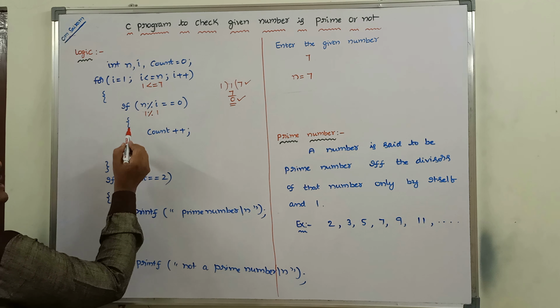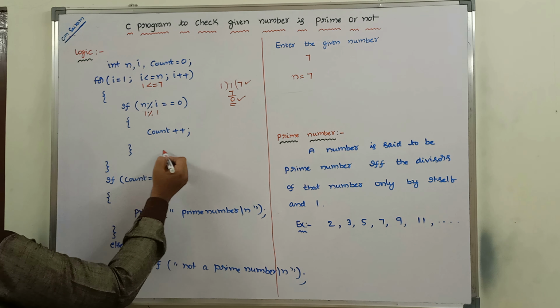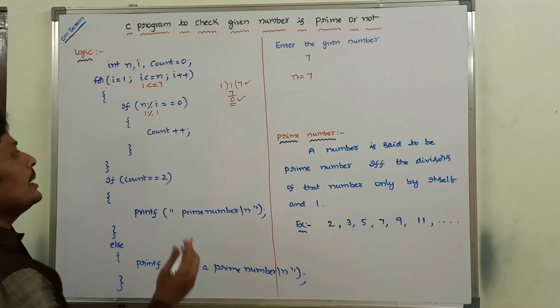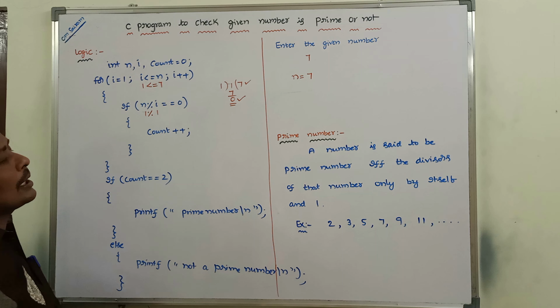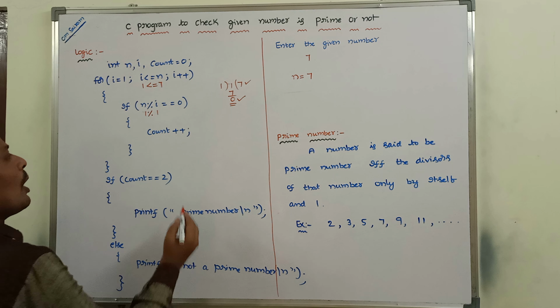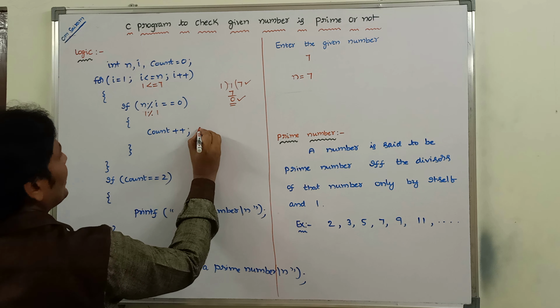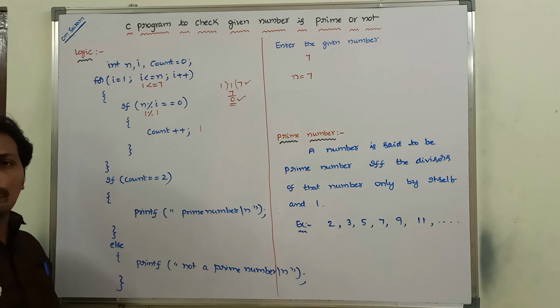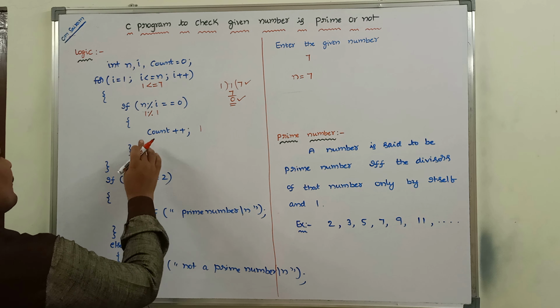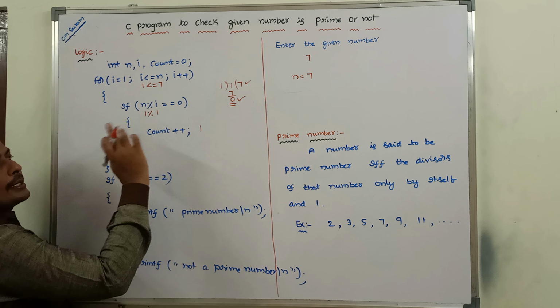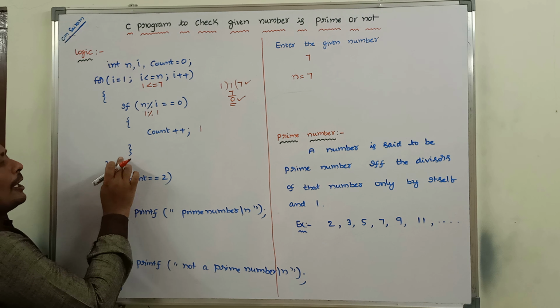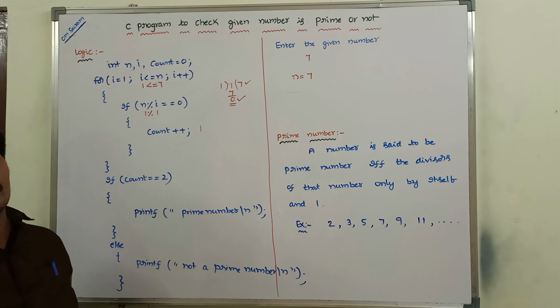If the condition is true, then the control goes to the if block. In that if block, one statement is there, count++. So the count value, initially 0, is incremented by 1. Now the count value is 1. After the if block is successfully executed, there are no more statements.